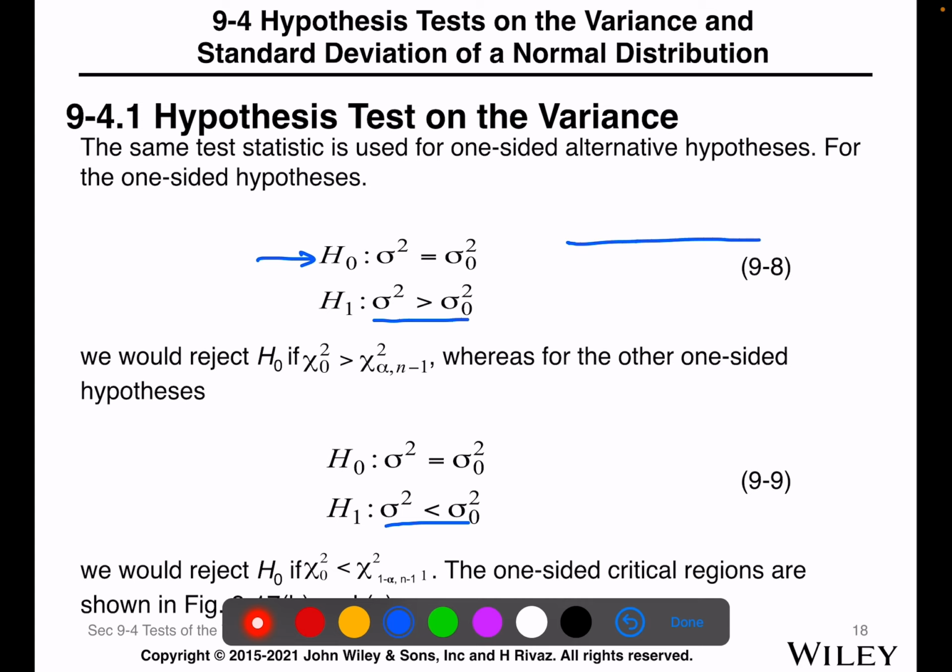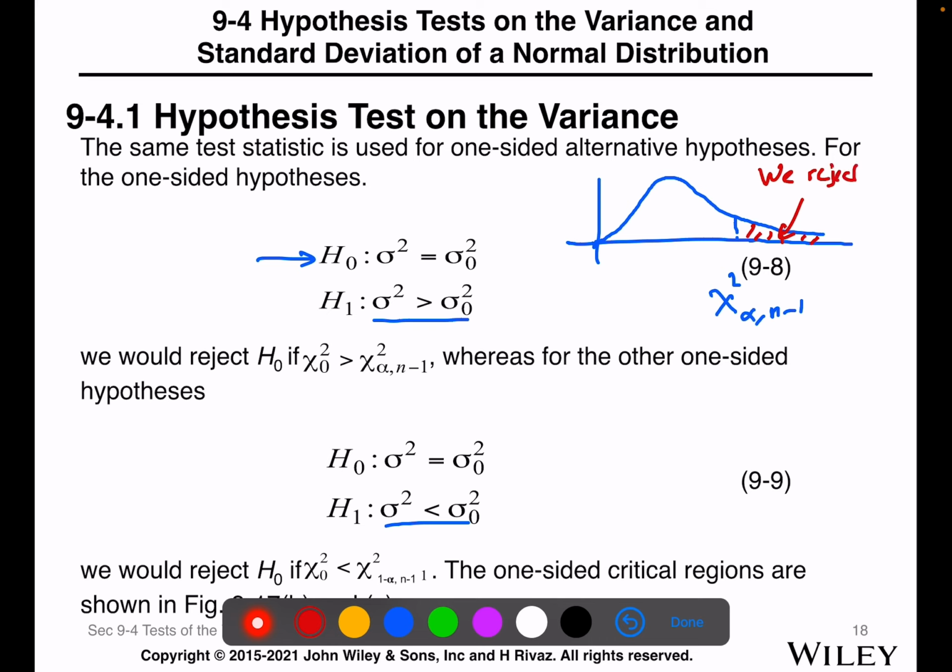If this is the chi-squared distribution, remember chi-squared distribution is always positive. If this is chi-squared of alpha and n minus 1, and we are here, then we reject H0.